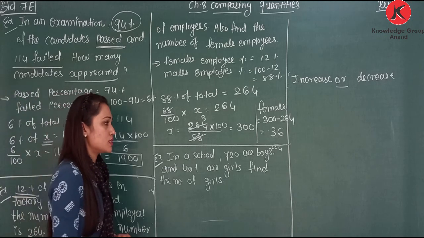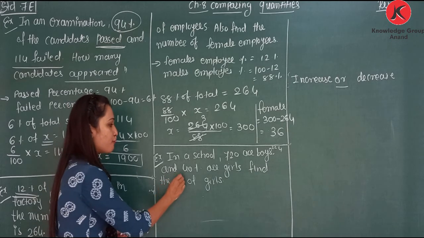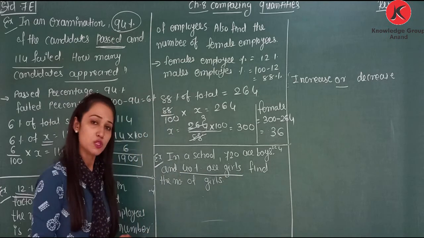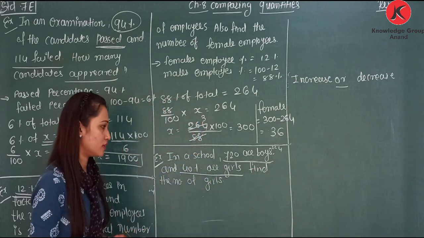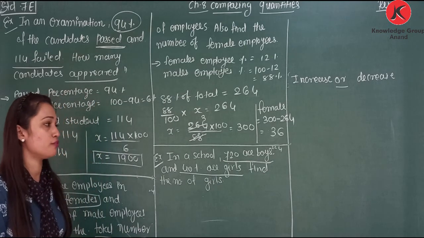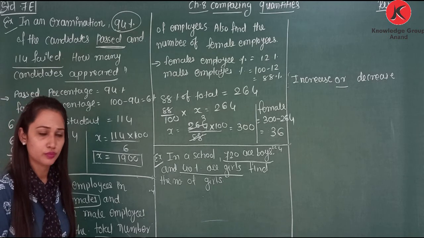Next one. Same, in a school 720 are boys and 40% are girls. Again, 40% are girls, meaning the percentage of girls is given, and the number of boys is given. Find the total number of girls. How can we find it? First we need to find the number of total students in the school.